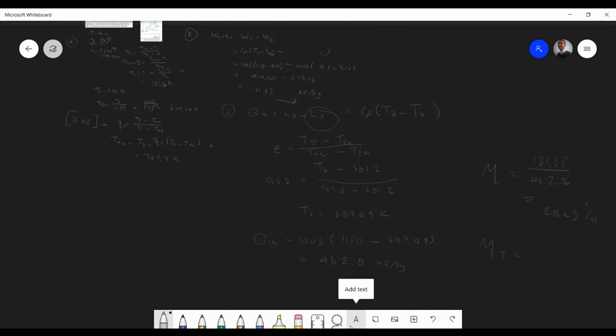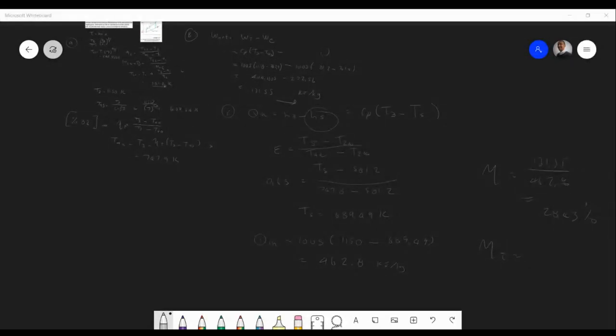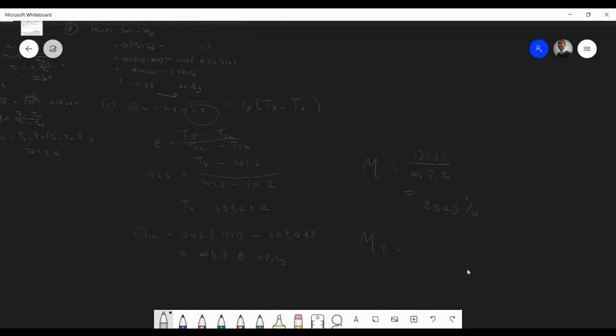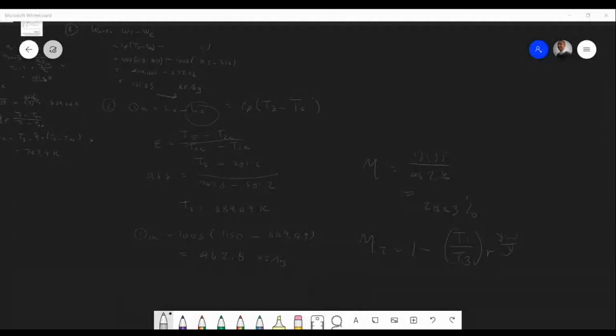Let me check. What's my cold standard formula, guys? You remember it? I have a cold standard formula here for my thermal efficiency. It's 1 minus T1 over T3 times the pressure ratio to the power gamma minus 1 over gamma.